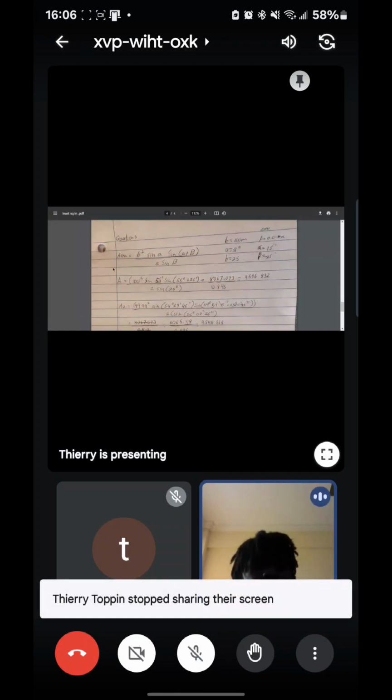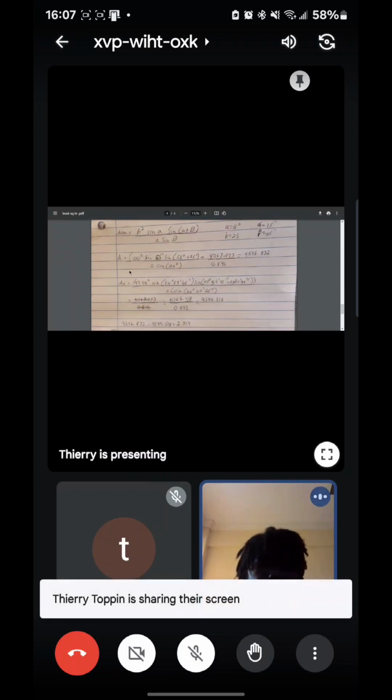Okay, moving along. You can see we brought up question 2. We have the area formula along with the values of B, which is 100 meters, alpha 55 degrees, and beta 25 degrees. We also have the errors: 0.01 meters of B, 15 seconds of alpha, and minus 25 seconds of beta.